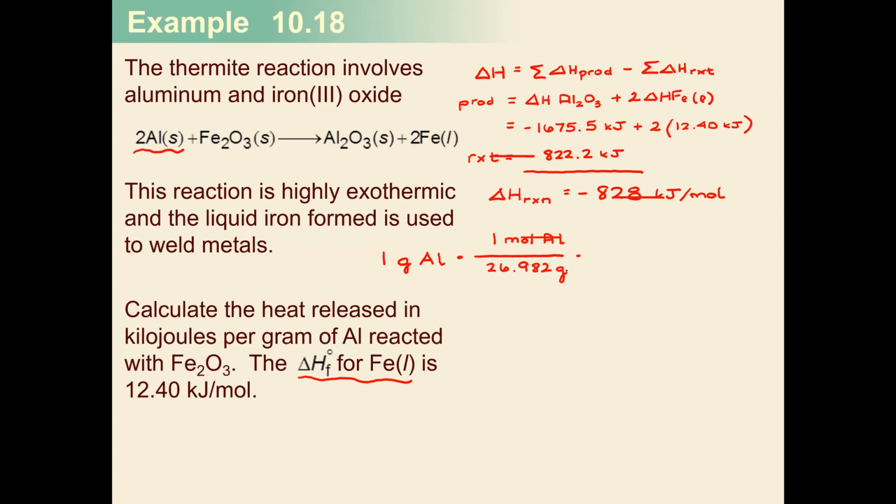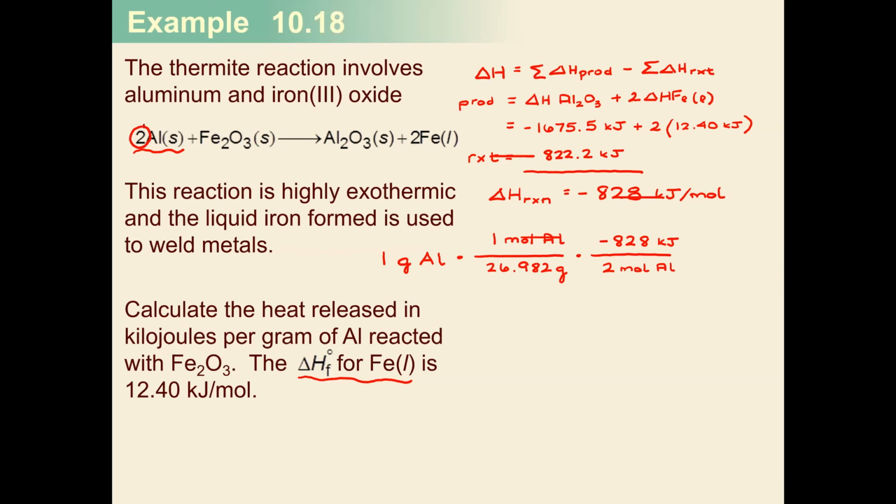But now we are going to put in our information from our determined delta H. For the balanced chemical equation that we just determined, we are going to be able to get negative 828 kilojoules, not just per 1 mole, it is going to be per 2 moles of aluminum, because that is what is in our balanced chemical equation, that 2 coming from out front here.